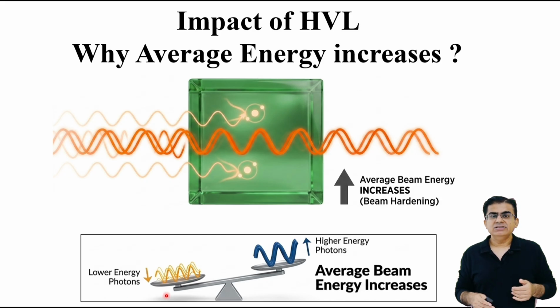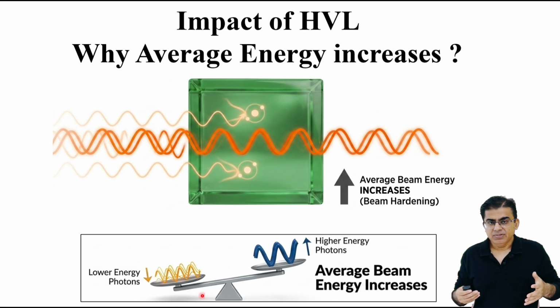Imagine you have a large number of objects of varying weight in a large bag and there is some average weight. If you remove some objects with the lowest weight, your overall average weight will naturally go up. Exactly similar thing happens here. Therefore, the average energy of the remaining transmitted beam actually increases.